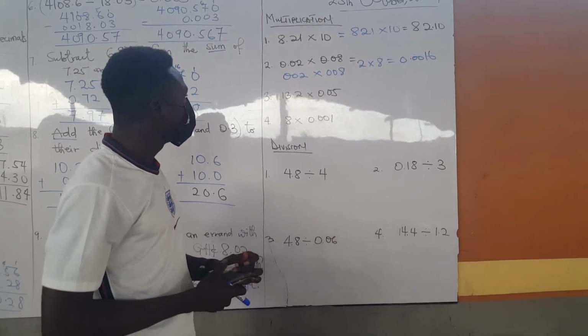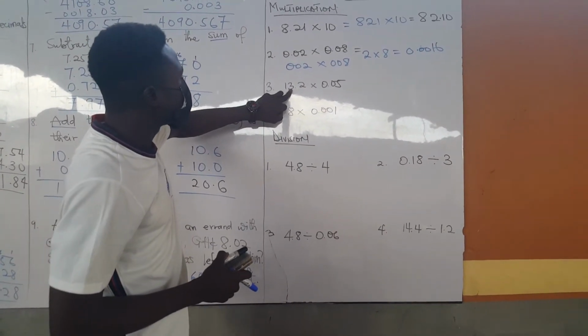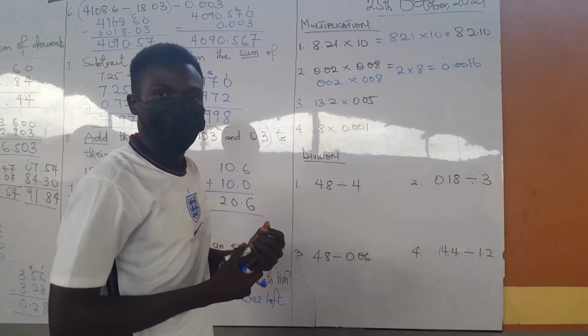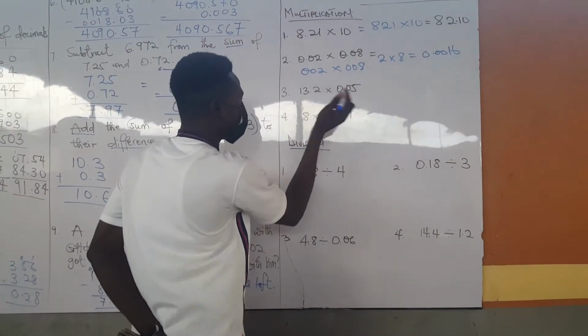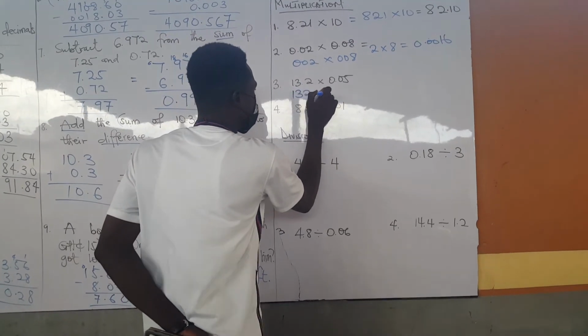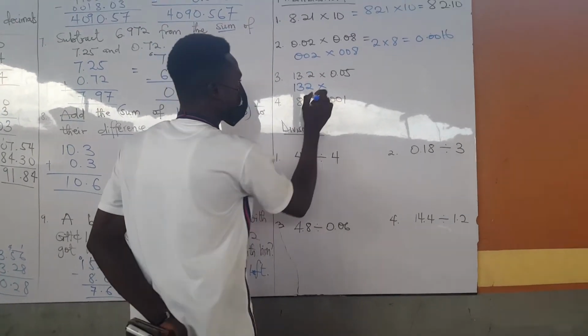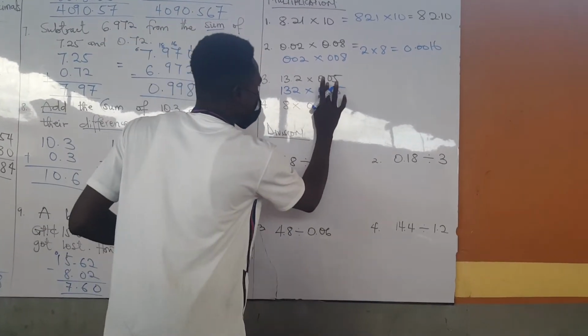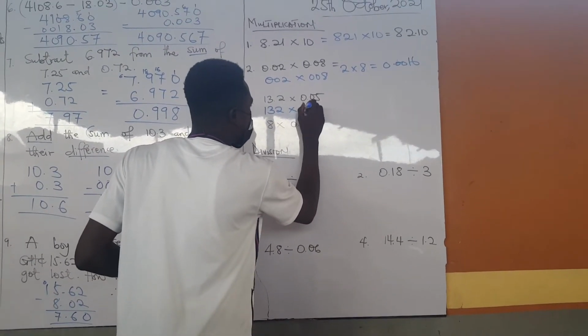Let's come to number 2. We have 13.2 times 0.05. Take off the decimal point, you are going to get 132 times 005.